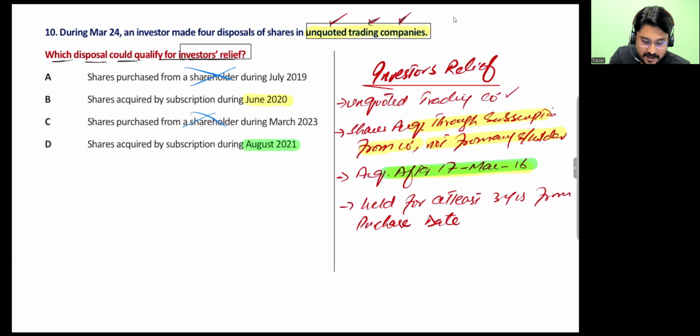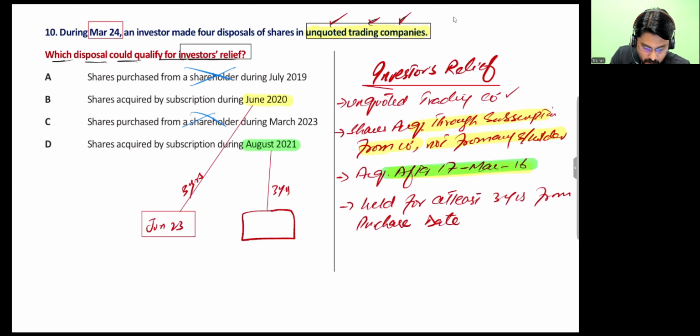But if we talk about the other condition, these shares are disposed of in March 24. If we check the time period from the June 20 purchase date, the 3 years will end in June 23. And if we check the same 3 years rule for the August 21 purchase, the date will be August 24, because 22, 23, 24, August 24 is the 3 years holding period.